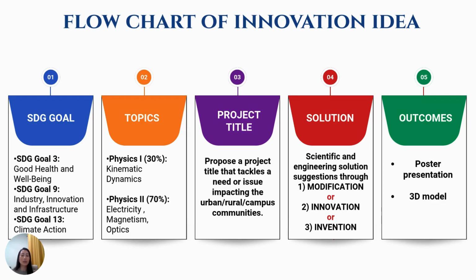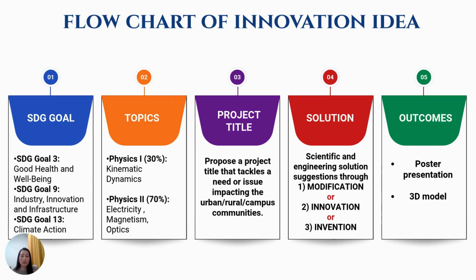Pillar number two is when the student teams select physics topics for their project. They can also integrate concepts from Physics 1, such as kinematics and dynamics, to strengthen their scientific foundations, provided that they can only take up about 30% of the contents from Physics 1.